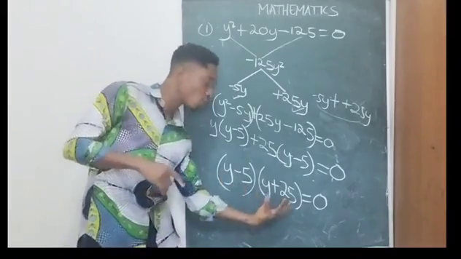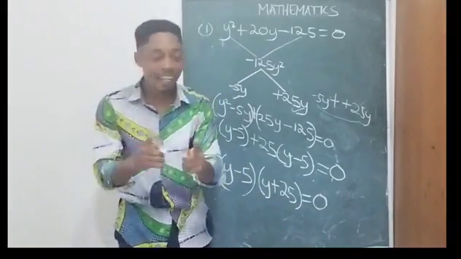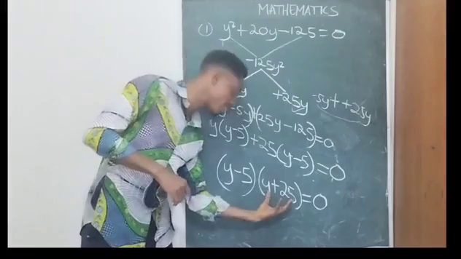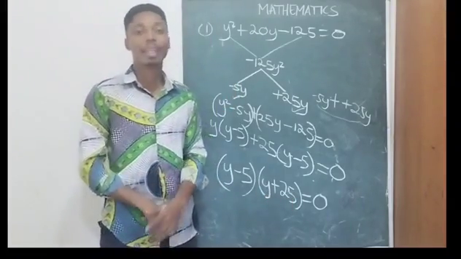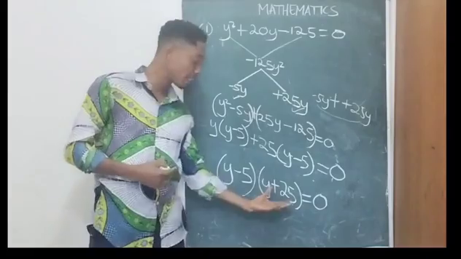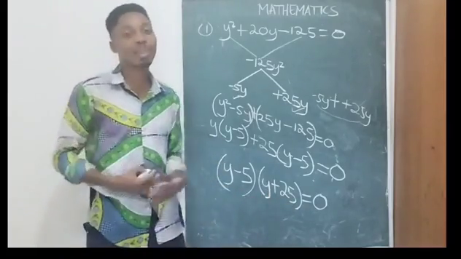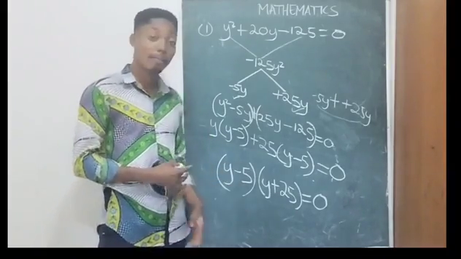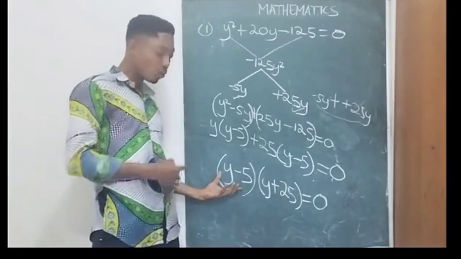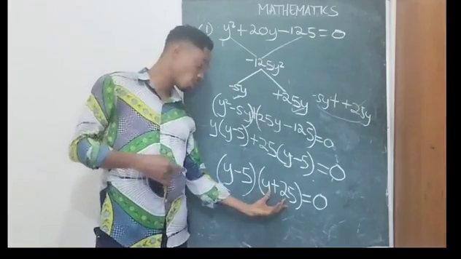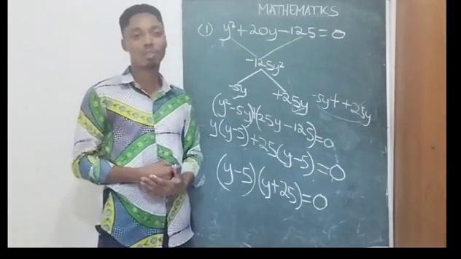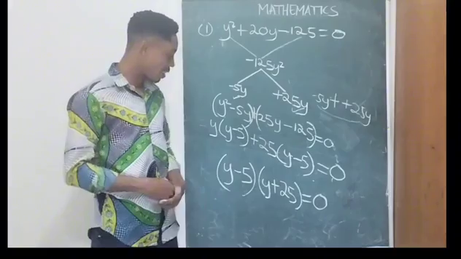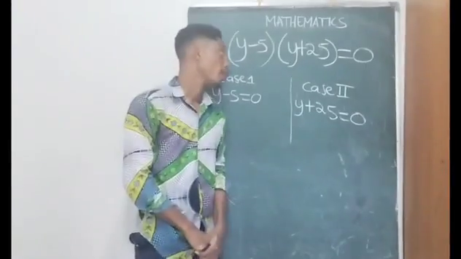For the product of these two terms to give you 0, either this term is 0 or this term is 0. That gives rise to case 1 and case 2, so you're going to have two different answers for y. If this is equal to 0, y will have an answer, and if this is equal to 0, y will also have an answer. So quadratic equations will give you two answers. Now let's investigate to get to the answer.